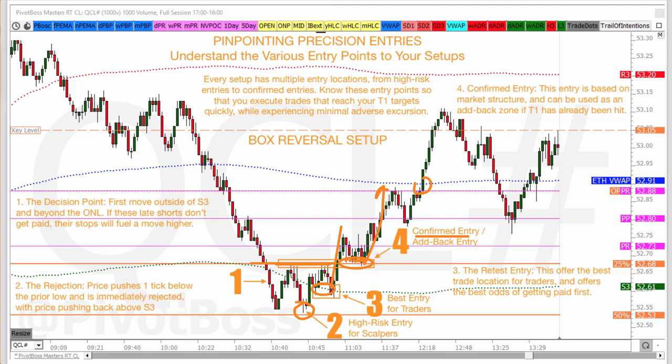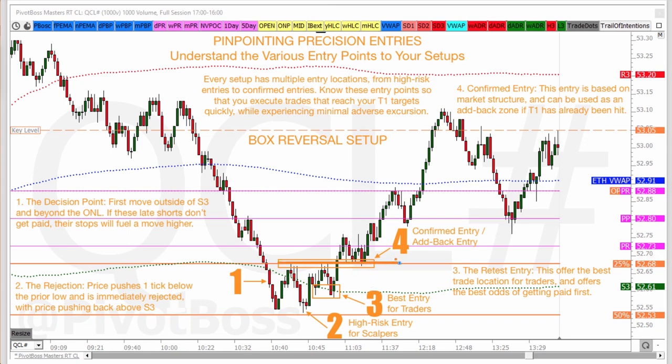So this is the highly confirmed entry. But again, a highly confirmed entry doesn't mean it's the best entry. Because while it's highly confirmed, I would argue that it opens up the potential for more risk. Whereas down here, the risk is, I think it's a little better. You're closer here and you're not putting on too much risk. But it just depends on how you structure your trade management.